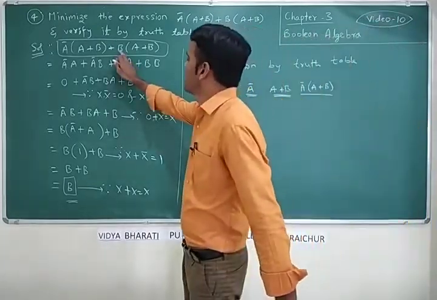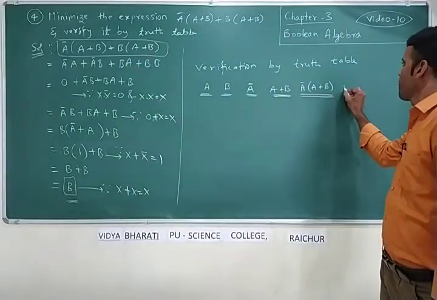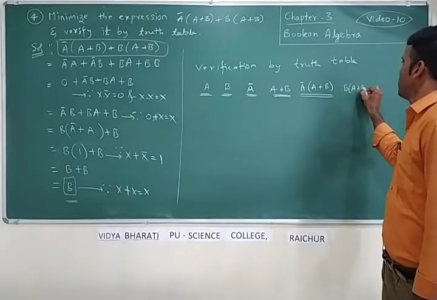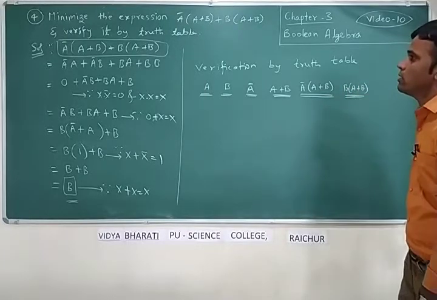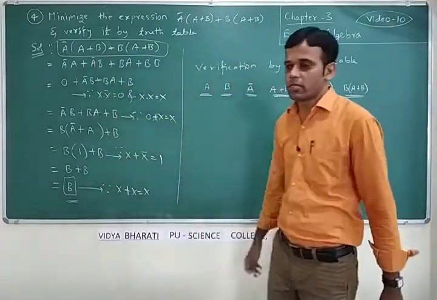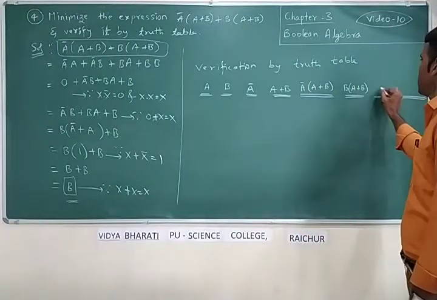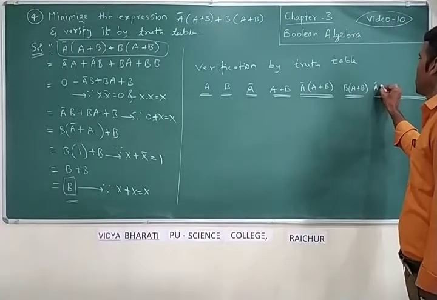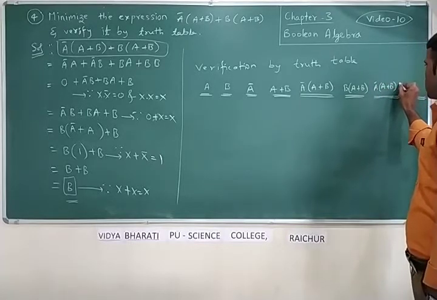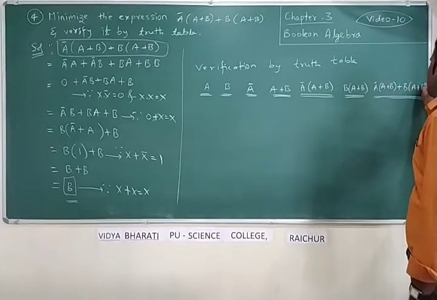Next is this expression b of a plus b, b of a plus b. So now we'll consider the total expression, the entire expression. Okay, so entire expression here it is a bar of a plus b plus b of a plus b.